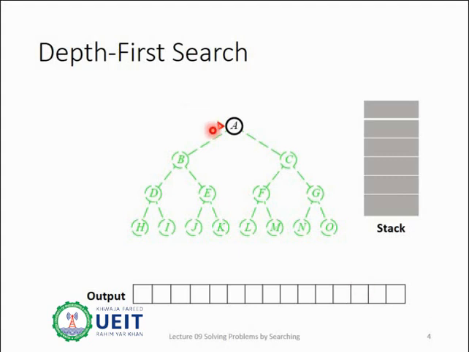Search always starts from the initial root node. When depth first search starts, the control would be at node A, which is the root node of this example. When the algorithm starts, A will be pushed in the stack. Node A has turned gray to show that it has been visited.